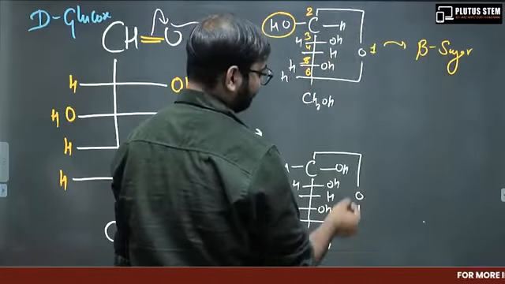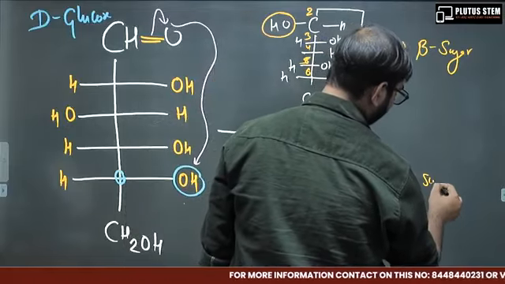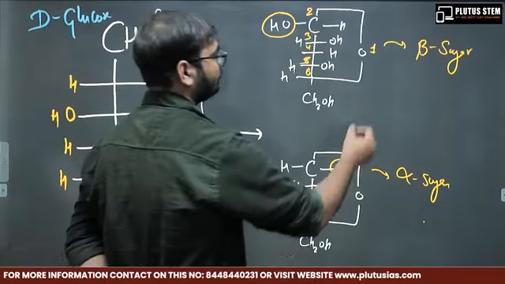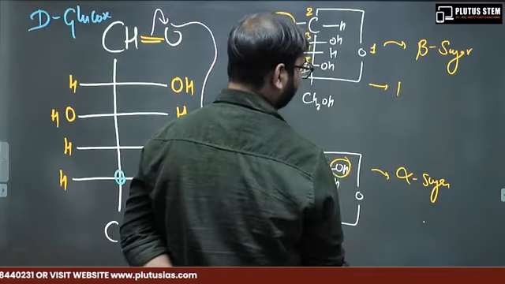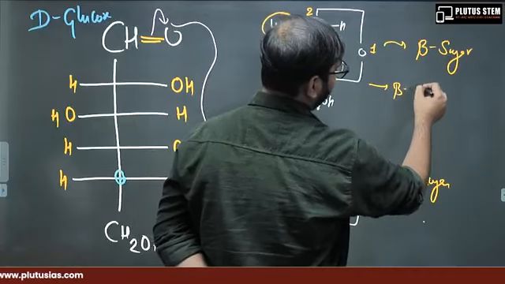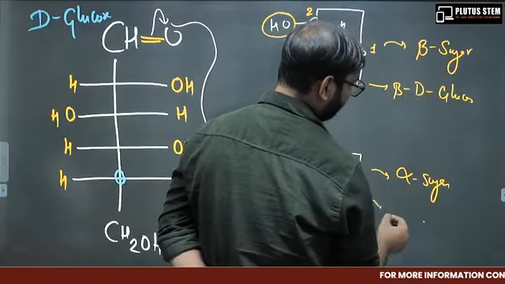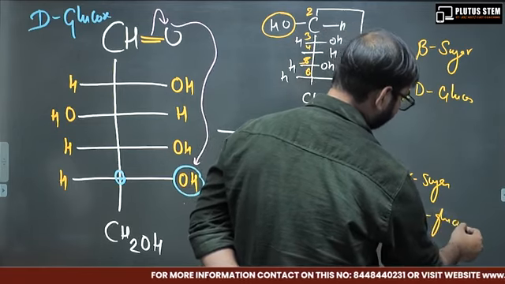But if the OH is lying inside of the ring, such sugars are called alpha sugars. Since I have taken D-glucose, this one will be called beta D-glucose, and this one would be called alpha D-glucose.